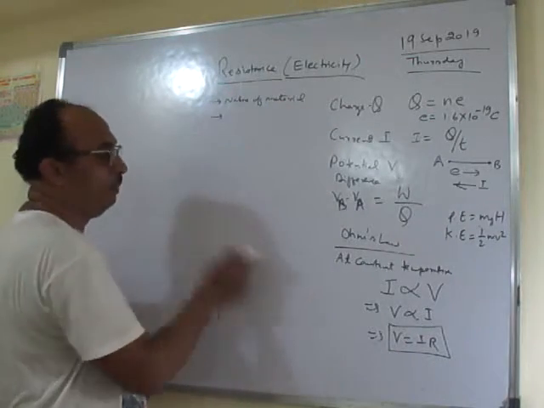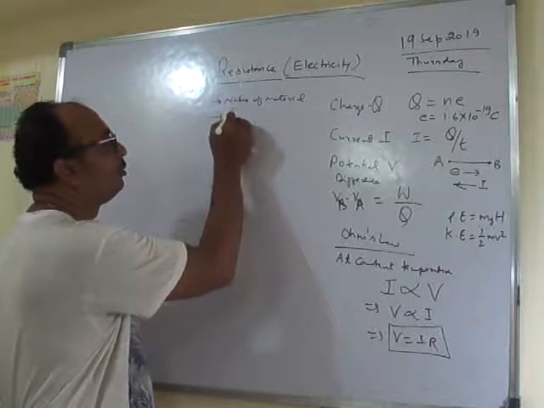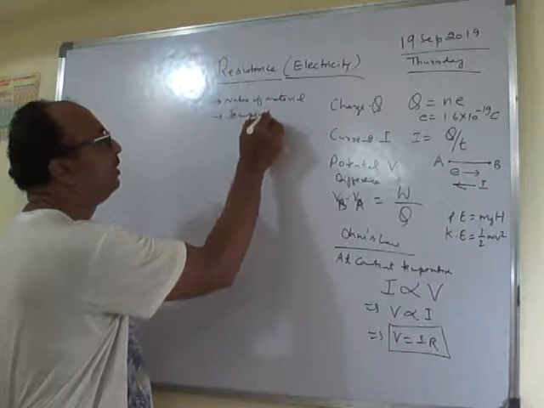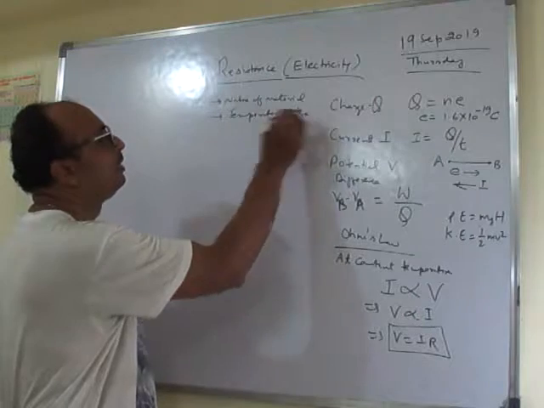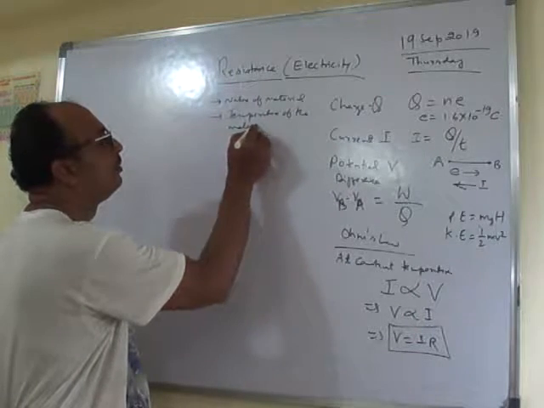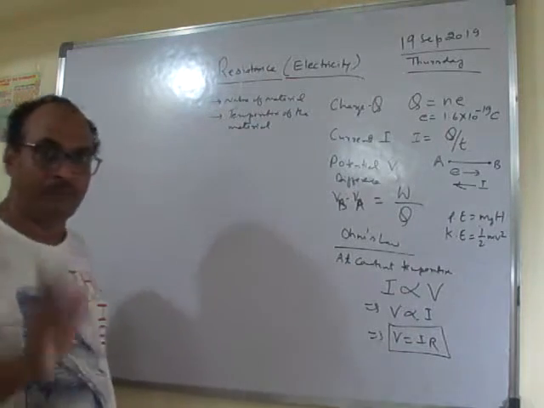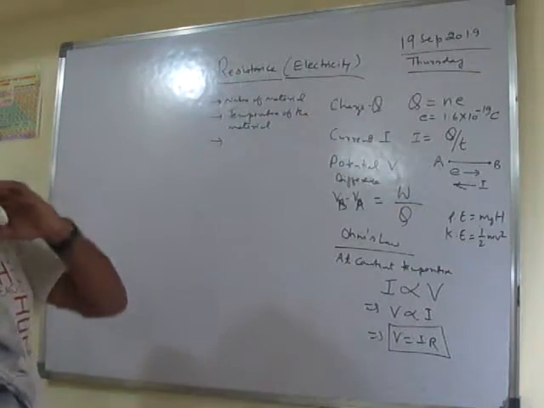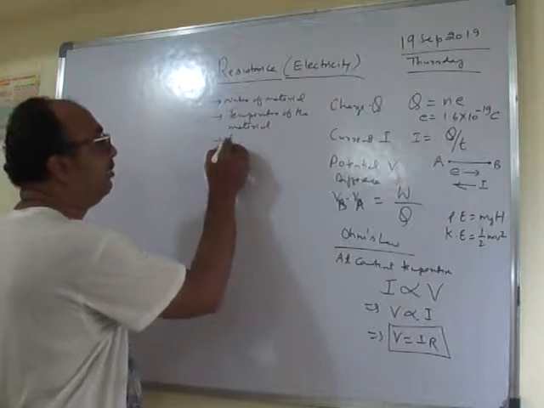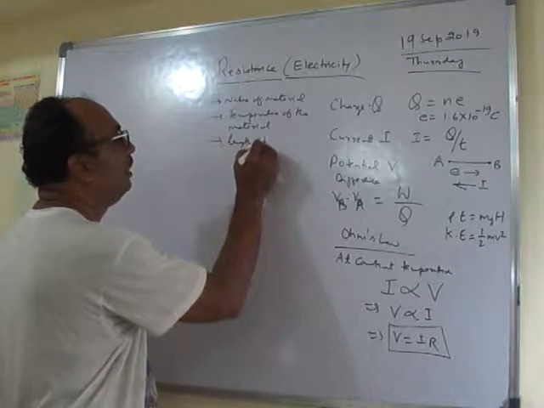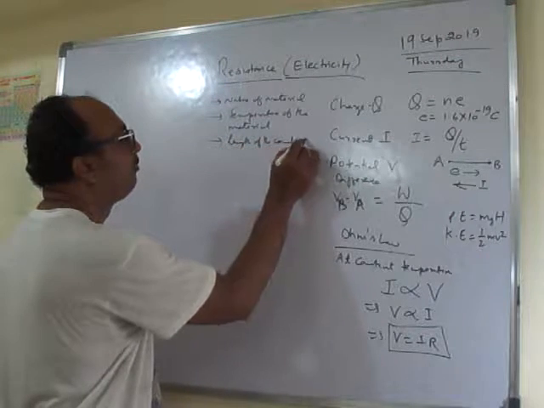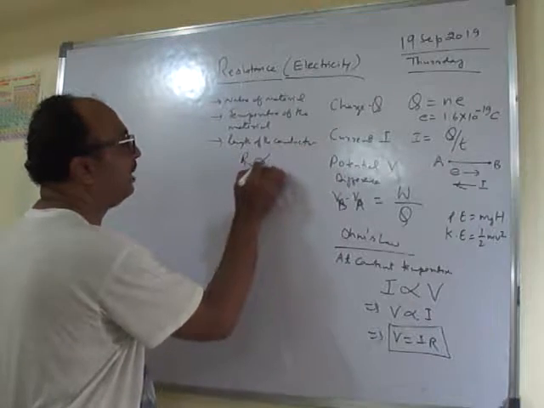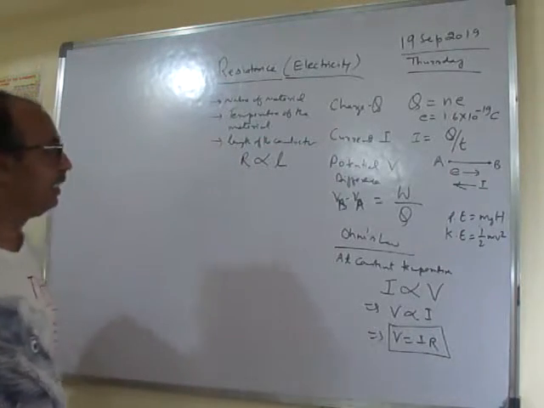Second, it depends on the temperature of the material. Third, resistance depends on the length of the conductor, which means R is directly proportional to L, the length of the conductor.